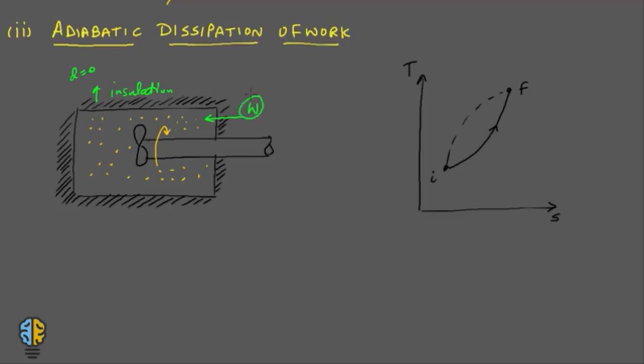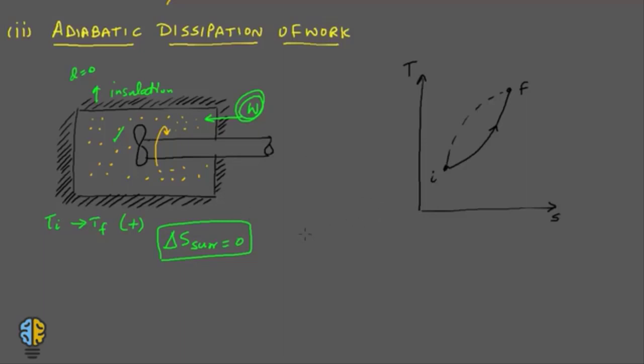So whatever work we input actually increases the internal energy of the system, that is the liquid. The temperature, let us say, is Ti initially and it changes to Tf, and this would be an increment because you are supplying energy into the system. Since there is no flow of heat to or from the surroundings, delta S of the surroundings is 0.